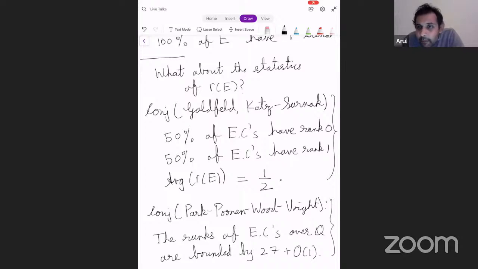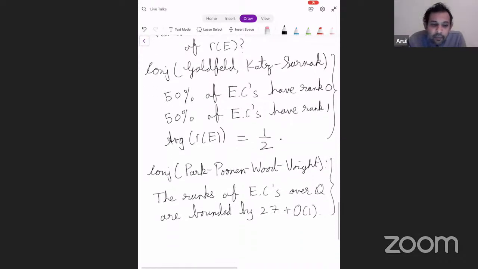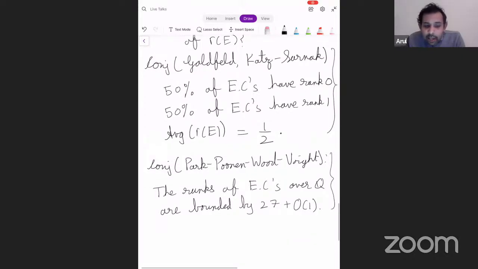It could happen that you have this extremely sparse set, like one curve every time you double your height or something like that, but that one curve has rank like 10 to the height or something like that. So 0% of quantities in the limit can affect the average, but the conjecture says that it doesn't. And in fact, the second statement is certainly enough to imply the third statement given the first two. You're absolutely right.